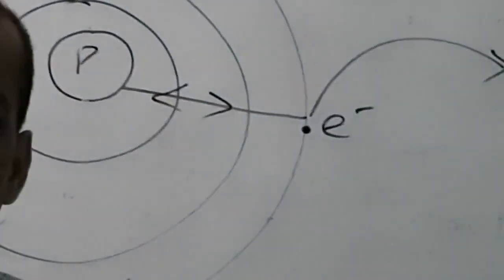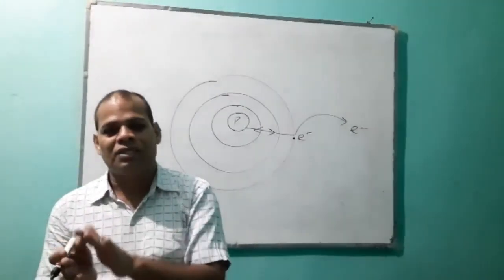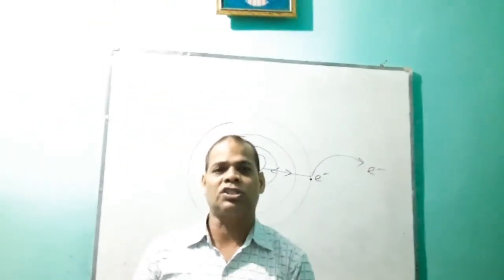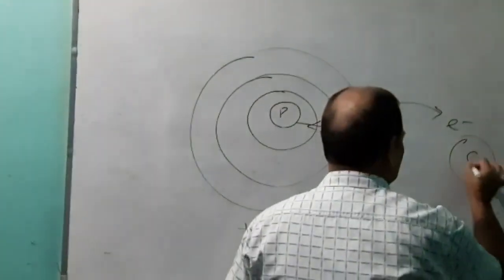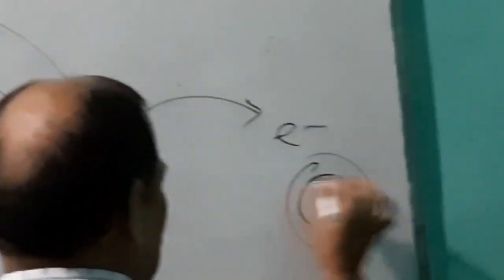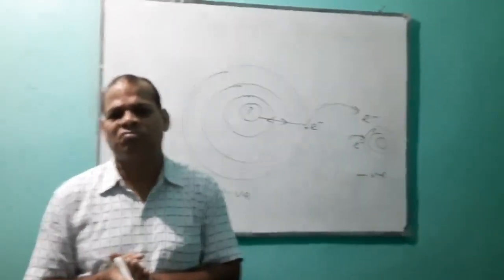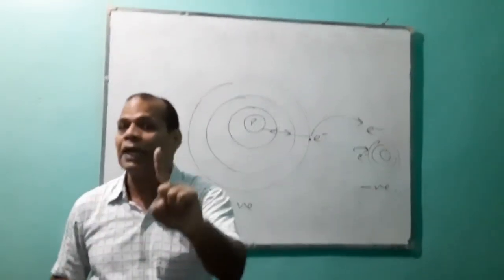So what happens, my dear student? The substance from which the electron is transferred becomes positively charged, and the substance which it enters becomes negatively charged. So now, of the two substances you have rubbed together, one acquired positive charge and the other acquired negative charge.